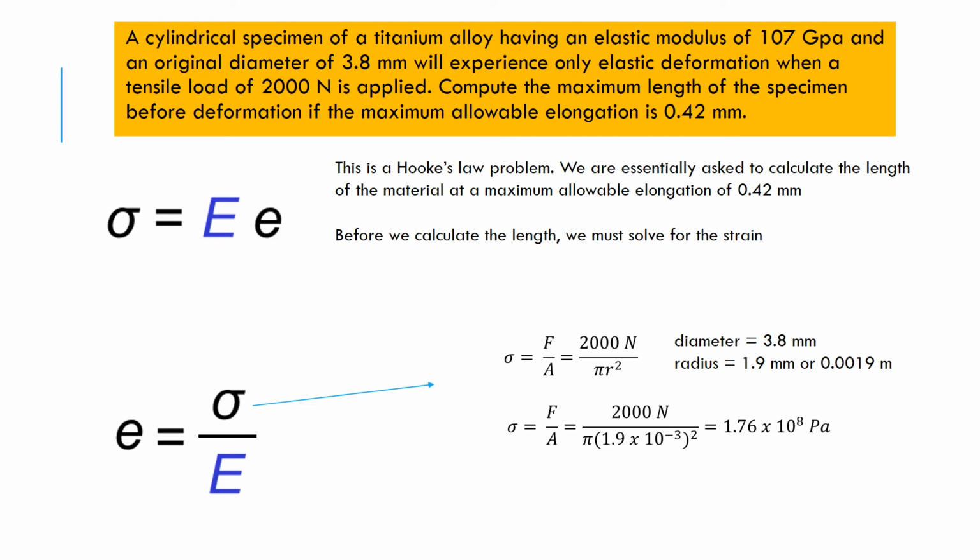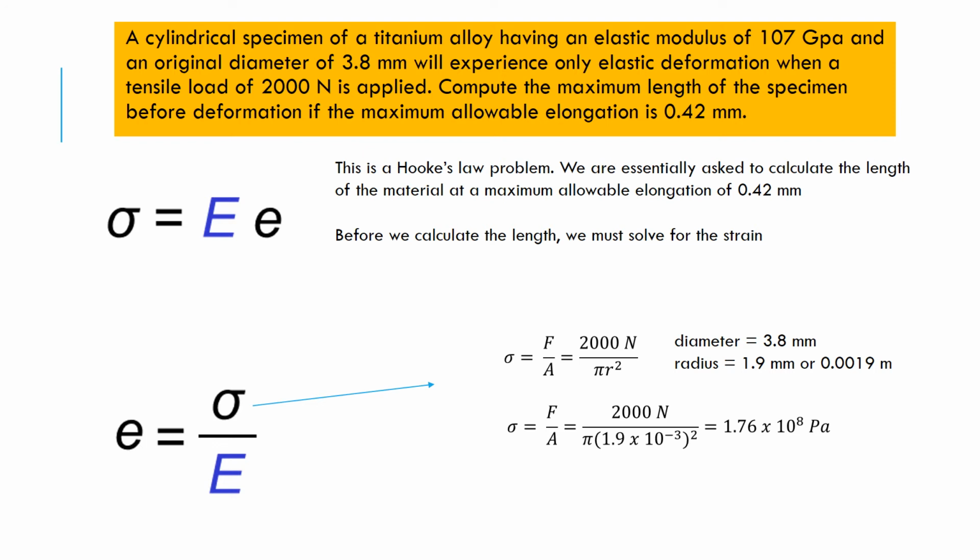And what the question is asking us to do is calculate the length of the material at this maximum allowable elongation of 0.42 millimeters. So before we calculate that length, we've got to solve for strain. So we rearrange the equation to solve for strain, because remember, this is the part of the equation that is talking about length.